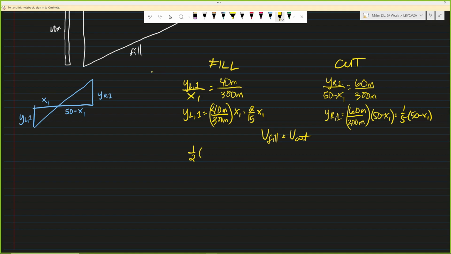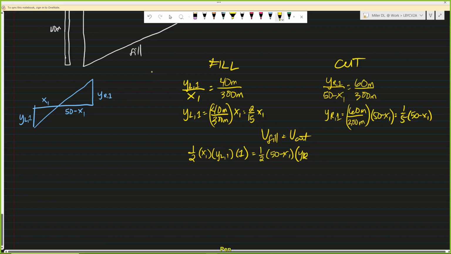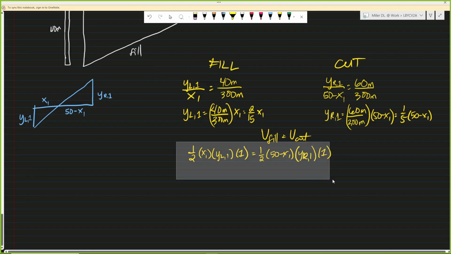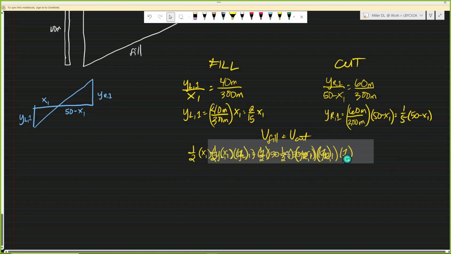Ang base natin ay x sub 1. Ang altitude natin is y sub L 1. Ano ang thickness natin? Would be 1 unit. Is equal to 1/2 times 50 minus x sub 1 multiplied by y sub R 1 times 1 unit width thickness. Then let's move this, center lang natin.